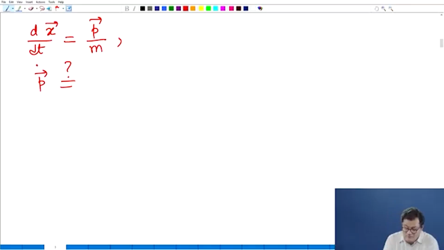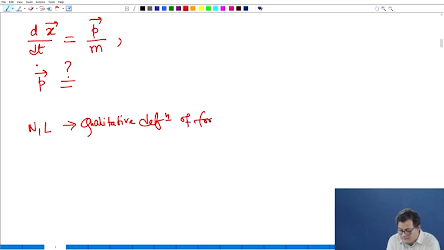Newton's first law, I write N1L, is just a qualitative definition of force. Newton's second law gives a quantitative measurement and a quantitative definition in terms of this momentum.